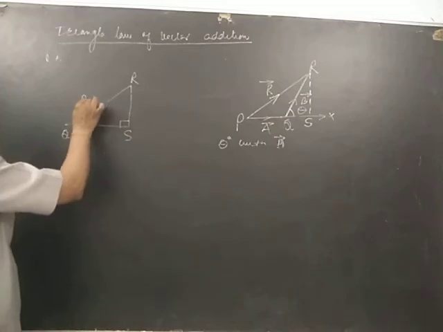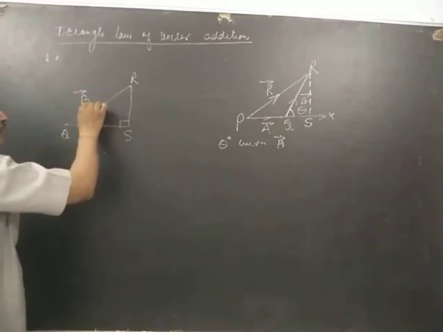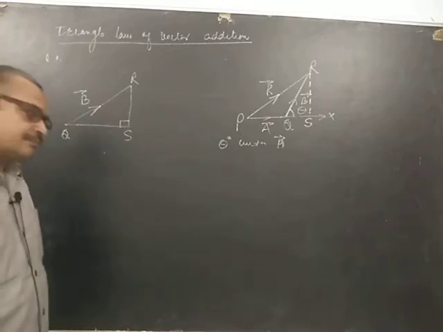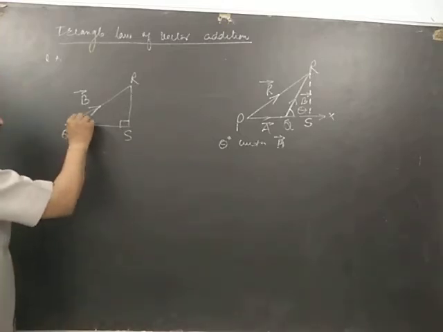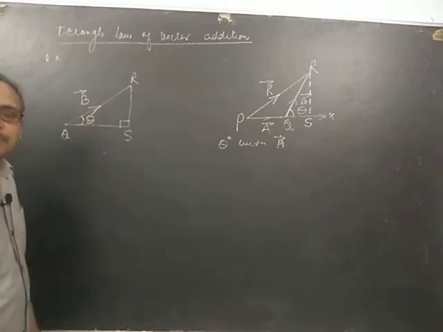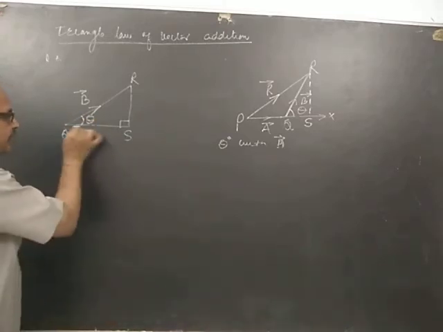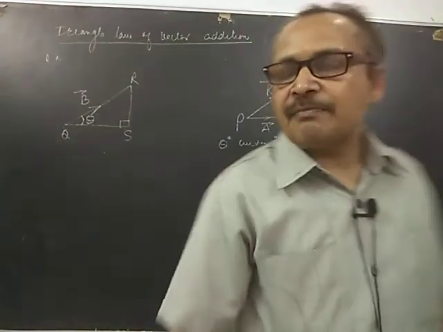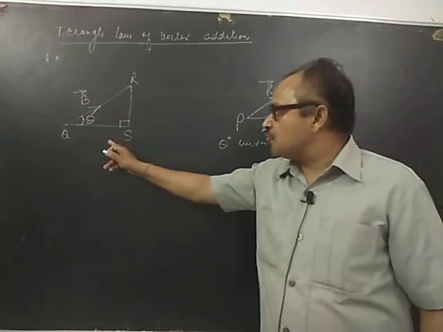Very good. QR is B in this direction. Is it clear? Achha. What is angle RQS? That is also given to you. Can somebody tell me what is QS?